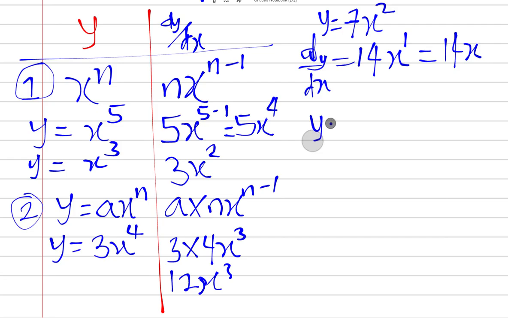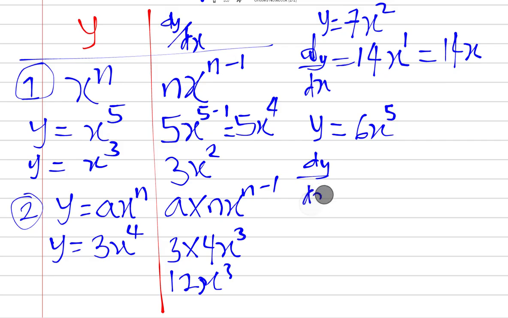Look at the last one. Let's say I have y equal to, let me see a longer example now. Let's use 6x raised to power 5 now. What will be your dy dx?